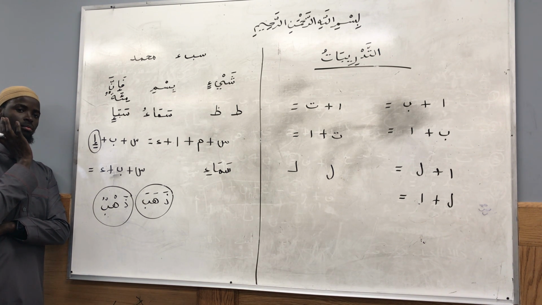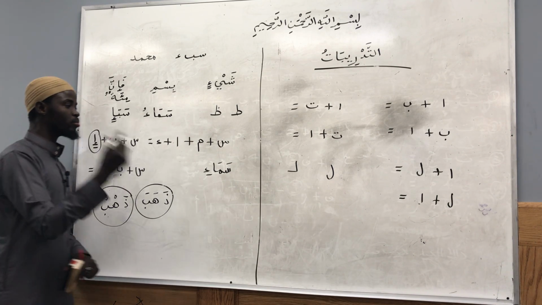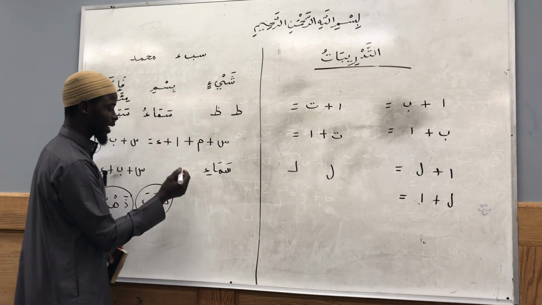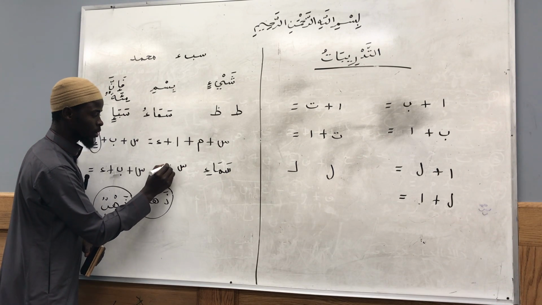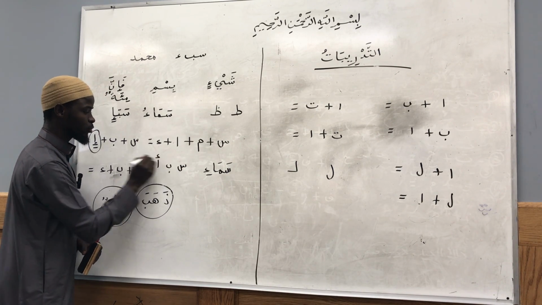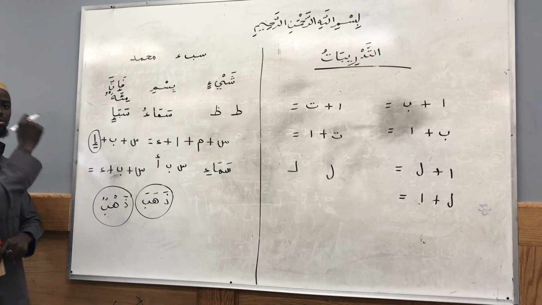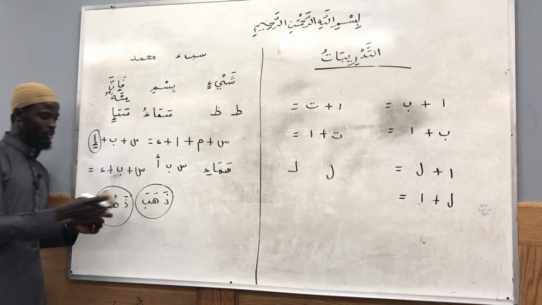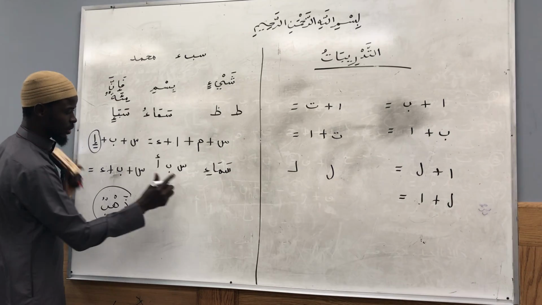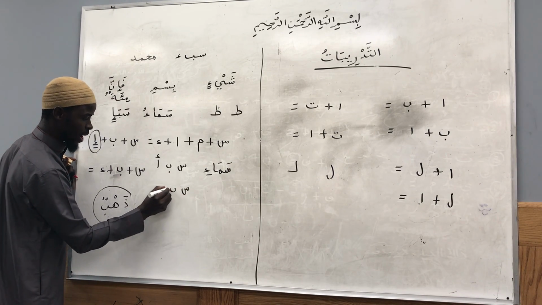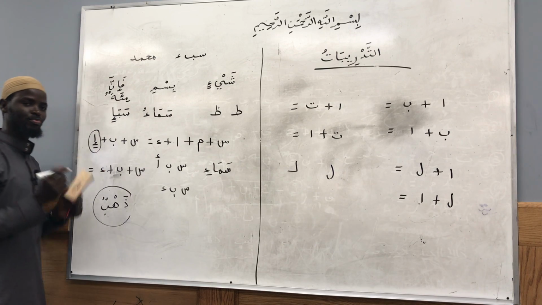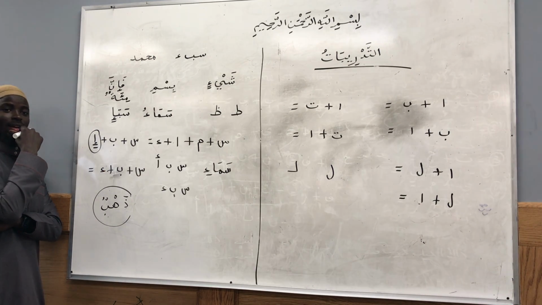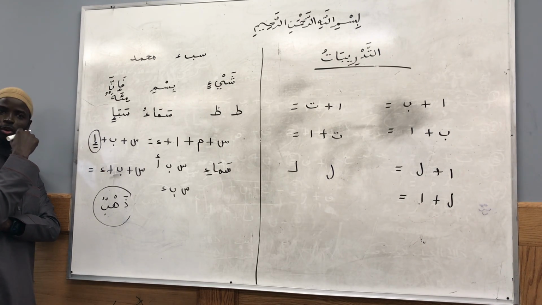Okay, in dictation, if I say sin ba alif, I can write sin ba and alif for you. This is sin ba alif. In the same way, in dictation, if I say sin ba hamza, I can write sin ba hamza. So I know hamza is not going to be prolonged. Yes, it's not going to be prolonged.